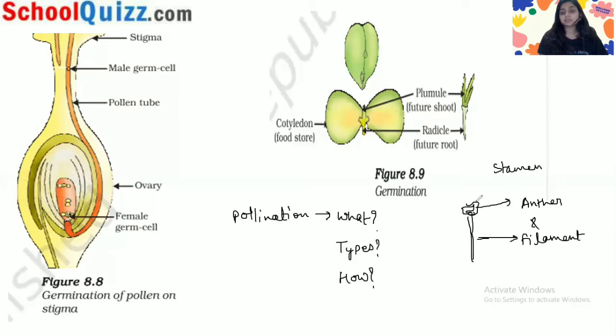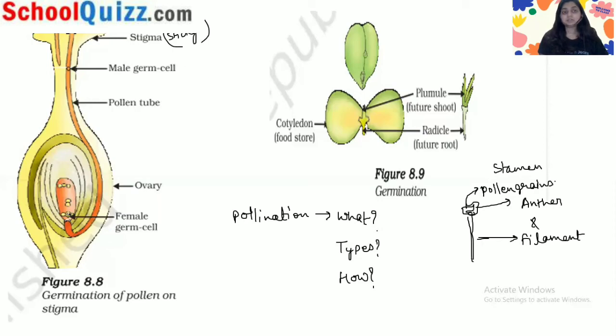In the anther there are small pollen grains, and these pollen grains are transferred or move into the stigma. And you know the stigma is sticky, that's why the pollen grains stick to the stigma.